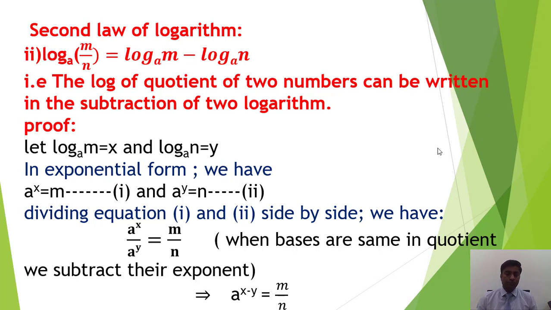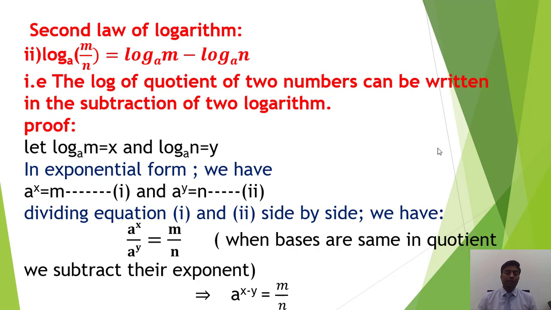Now we take right hand side, log m to the base a minus log n to the base a, and let the first term log m to the base a equal to x, and the second term log n to the base a equal to y.